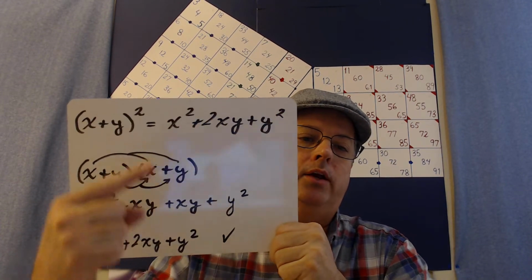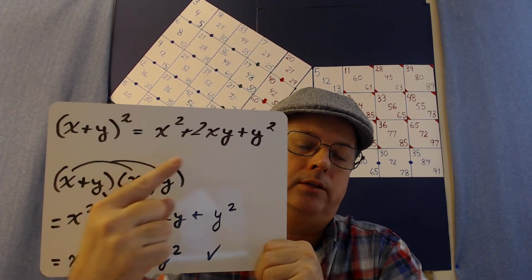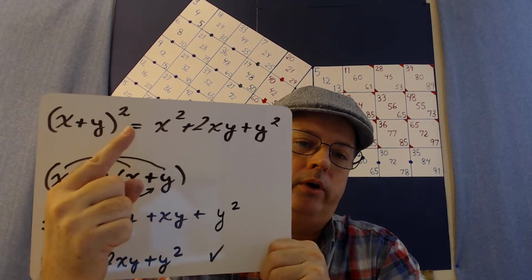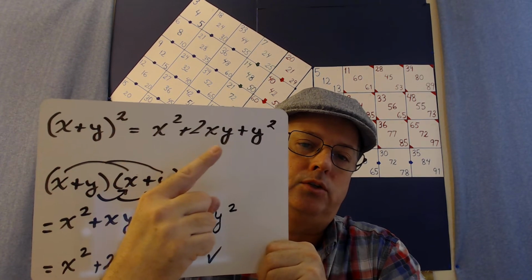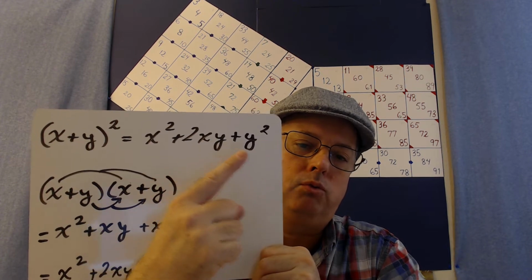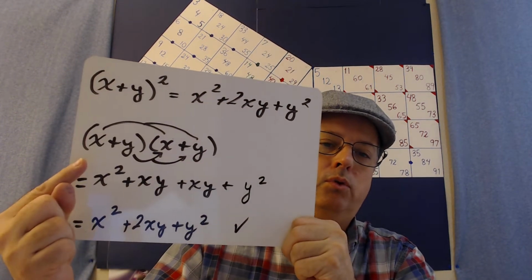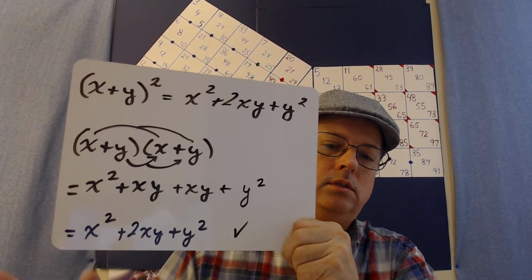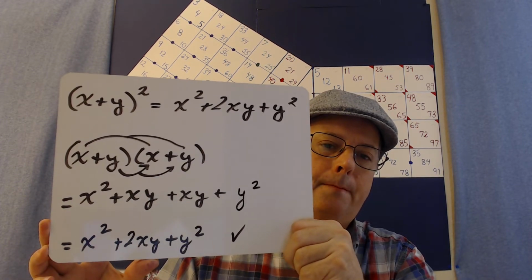Now when we're going through this process, we're going to be using this general expansion that we talked about in previous videos, that (x plus y) squared gives us x squared plus 2xy plus y squared. And if you look at the distributive property here, you can see that that's true.